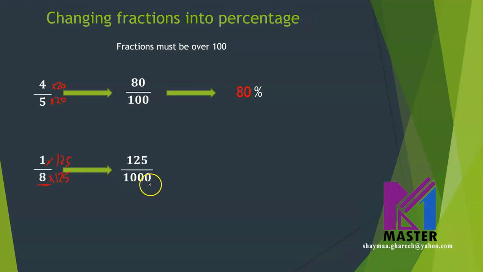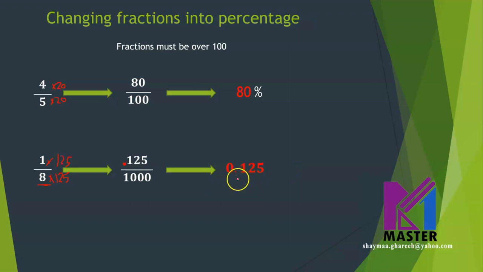Now, how can I change this fraction into a percentage? Do you remember how we change fractions into decimal? So I can change this fraction into a decimal number. So when I divide by 1,000, it means the number is getting smaller by 3 places, which means I'm going to put a decimal point after 3 places. So 1, 2, then 3. So my number will be, as a decimal number, 0.125.